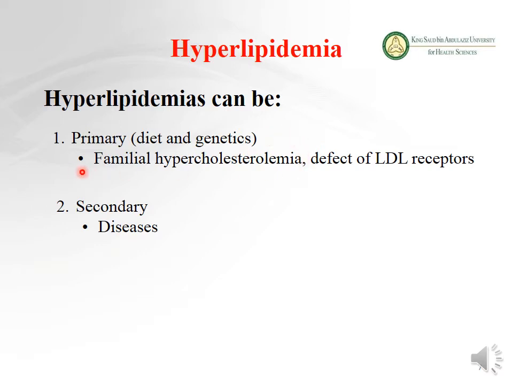An example is familial hypercholesterolemia, where there is a defect in the LDL receptors on the extrahepatic tissue. So the low density lipoproteins cannot be endocytosed by the tissues. They will remain in the blood, and that can lead to hyperlipidemia.